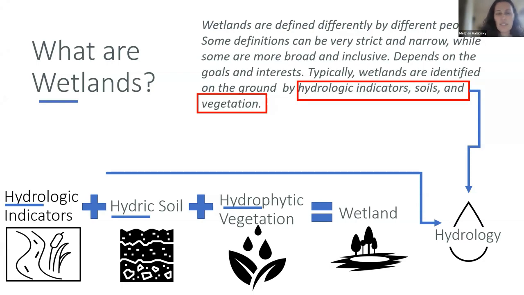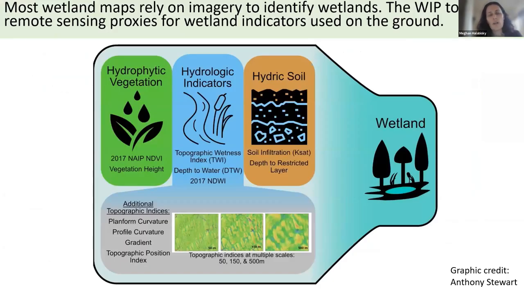And this can serve as a foundation for identifying remote sensing proxies or data sets that can fit those different categories. And so this is that exercise of reaching back into my remote sensing toolkit and thinking, what are all the different sensors and methods and how might they fit into this wetland indicator framework that I created.